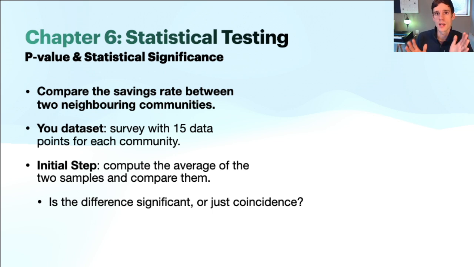But this is a sample statistic, and it will only be approximate for the underlying populations. So then, of course, the question arises, the difference between these two sample statistics, is this significant, meaning indicative for a difference in the two populations, or is it just by coincidence? And this is of course exactly the question that statistical testing tries to solve quantitatively.